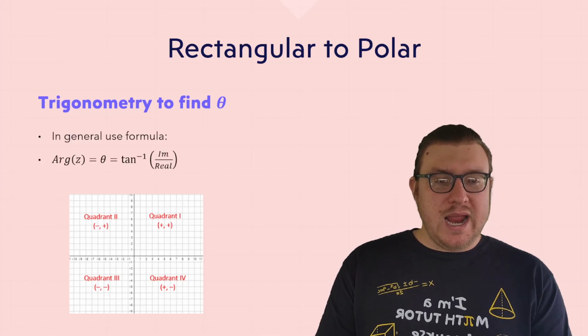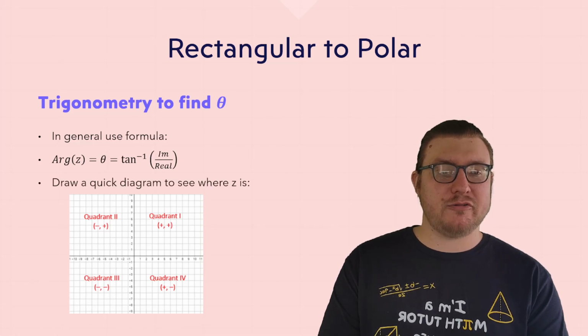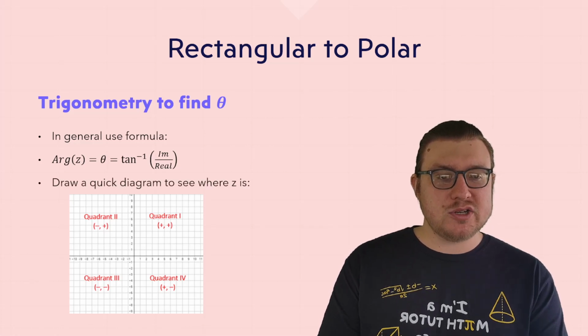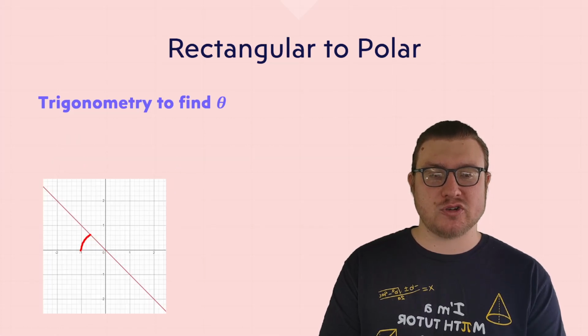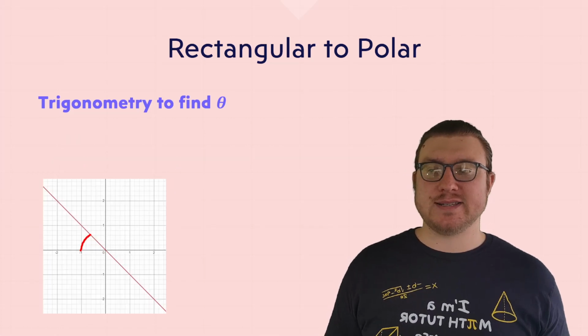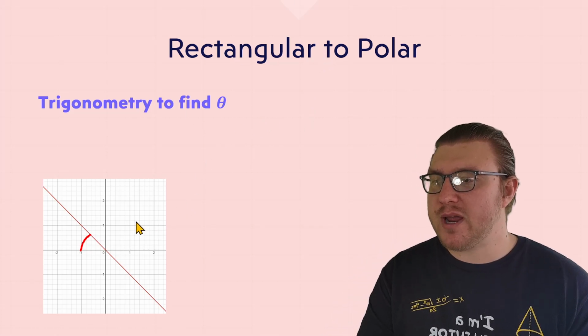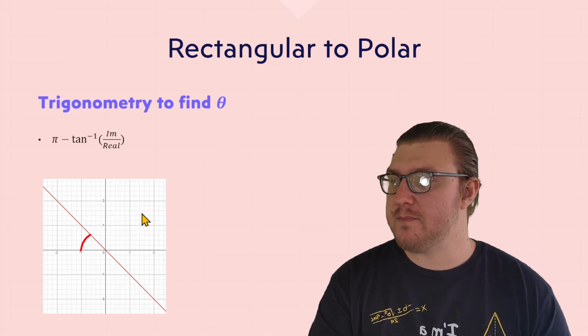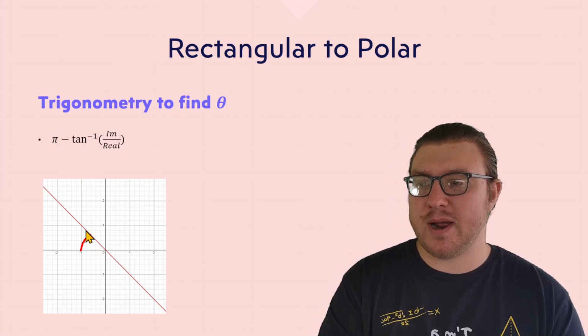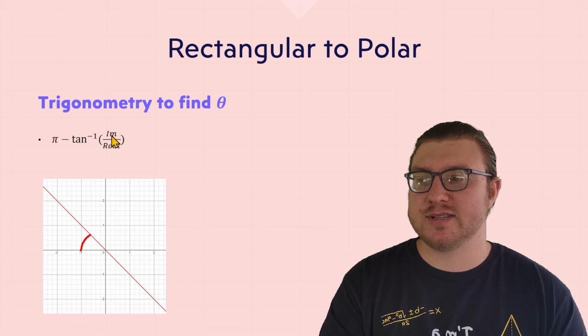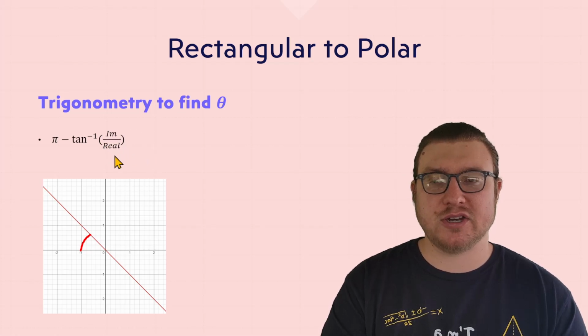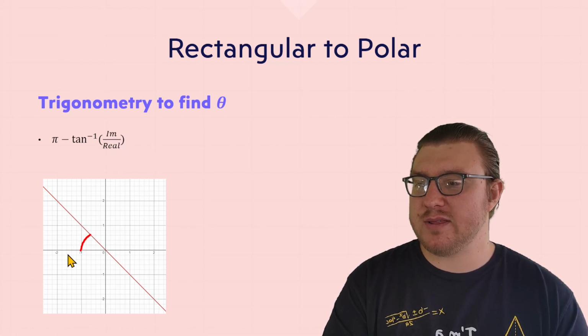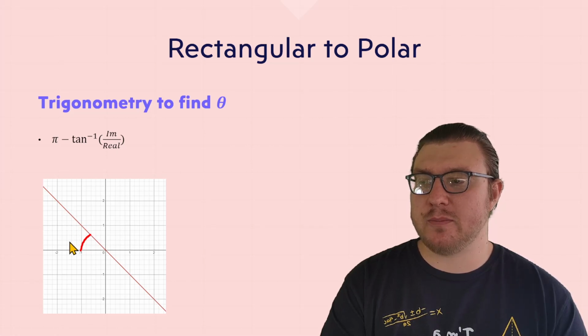Now, again, we have our general formula, but if we want to use it, we need to draw a quick diagram to make sure we get it right. And this is the reason why. If we are now using the imaginary part divided by the real part, this is the opposite over the adjacent, then we're finding the opposite is the imaginary part over the adjacent is the real part.